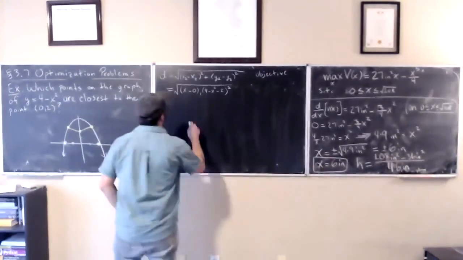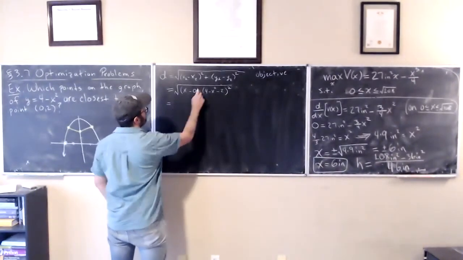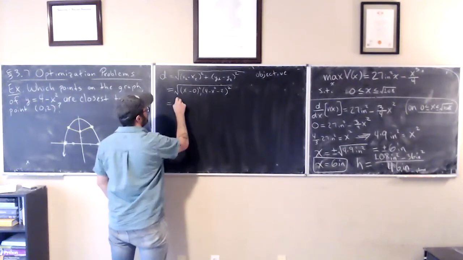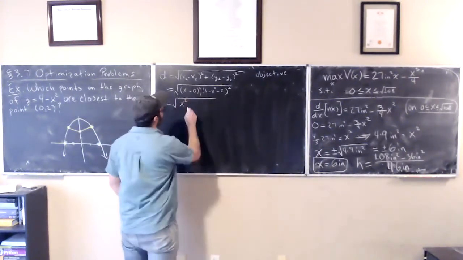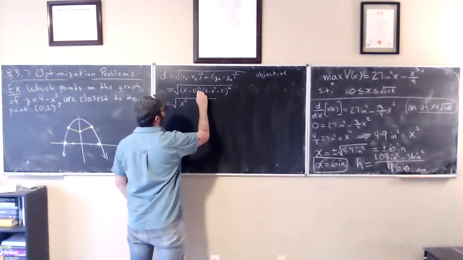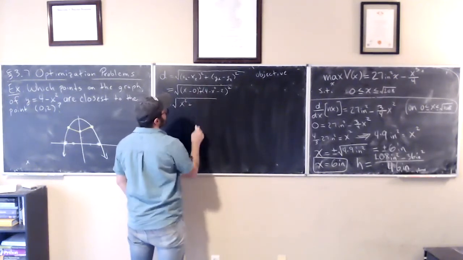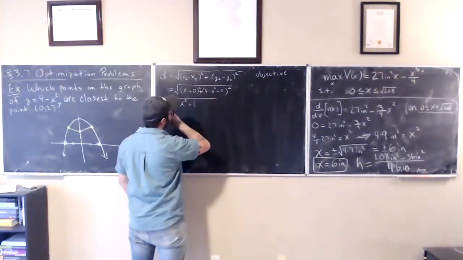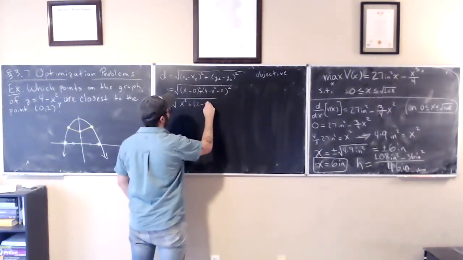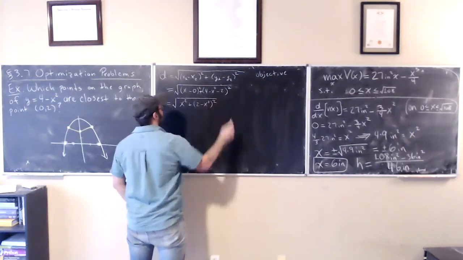All right, so let me just clean this up some more. Oh, square there. So it becomes x squared, plus 4 minus 2, 2 minus x squared, all squared.